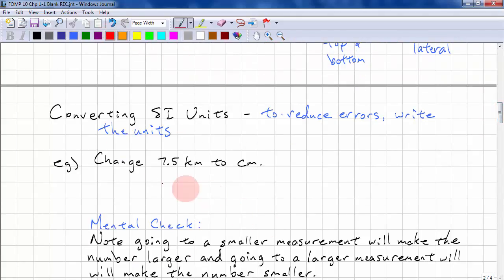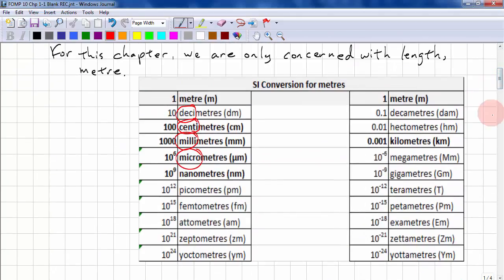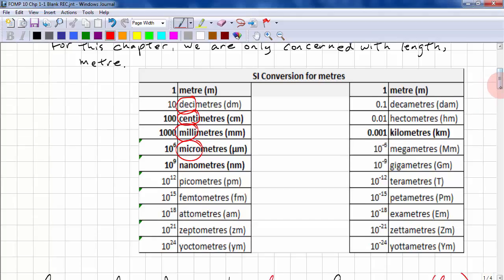So let's convert 7.5 kilometers to centimeters. 7.5 kilometers times 10 squared centimeters and 10 to the negative 3 kilometers. And where am I getting these numbers from? We go back up to the table. We have 100 centimeters, so that's 10 squared. And we have 0.001 kilometers, and that's 10 to the negative 3.